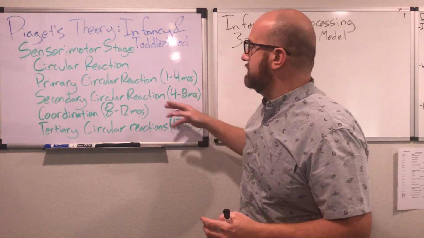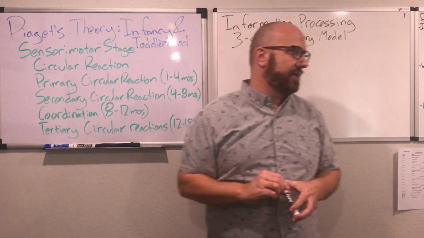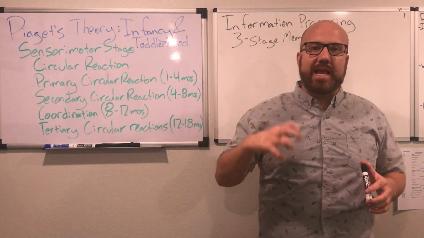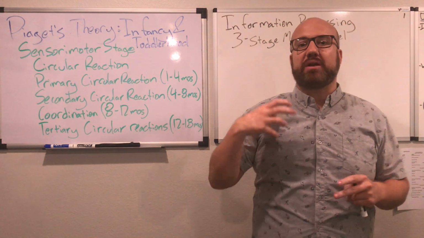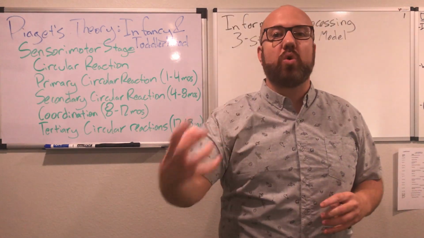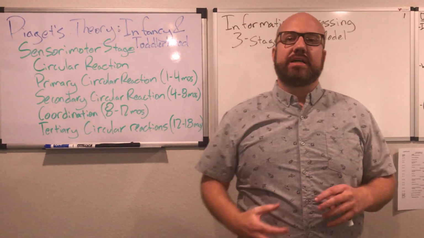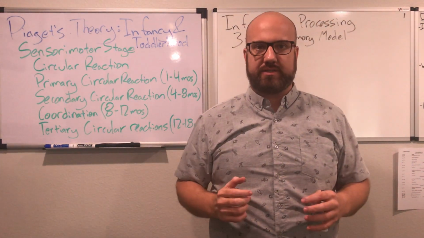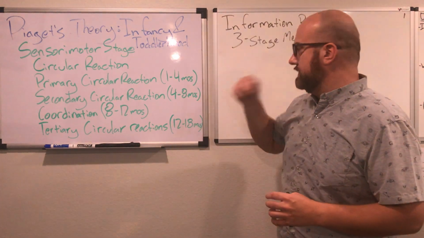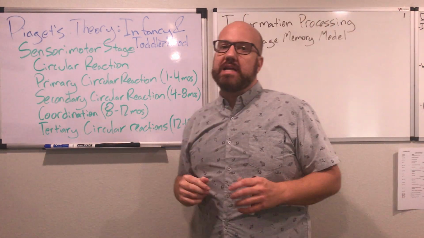And then 4 to 8 months is the secondary circular reaction, where they've gained better motor control, so they have better accuracy and can do more things. They can move more things, touch more things, grab more things. And then there's the coordination part.